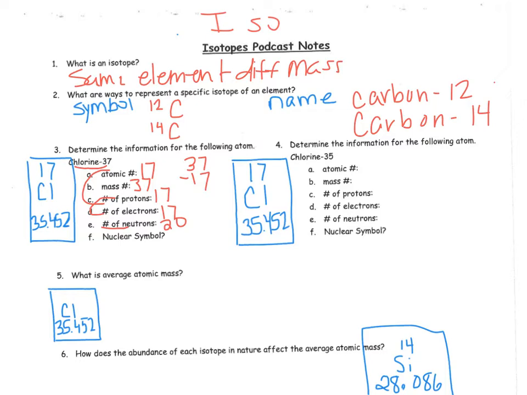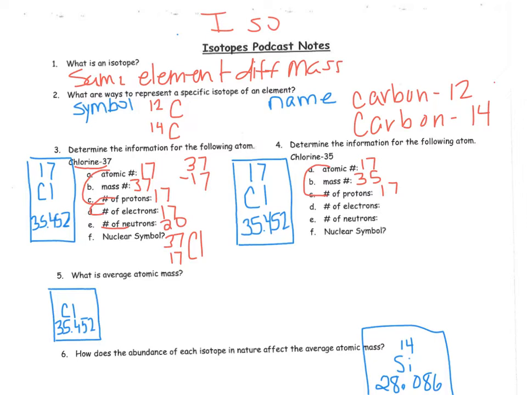And so how would we write that? We would write that 37 chlorine, and its atomic number is 17. All right, so chlorine 35 has the same atomic number. Now, chlorine 35 has a different mass, so its mass is 35. It has the same number of protons because remember, that's what makes the element, the number of protons that it has.